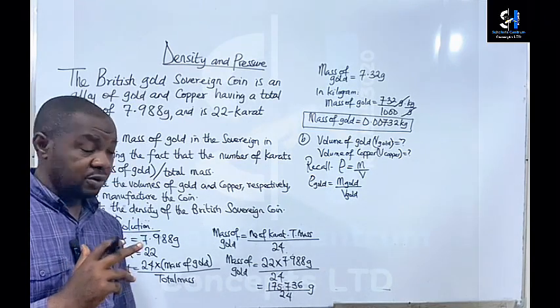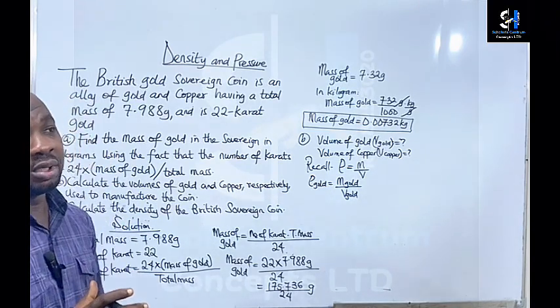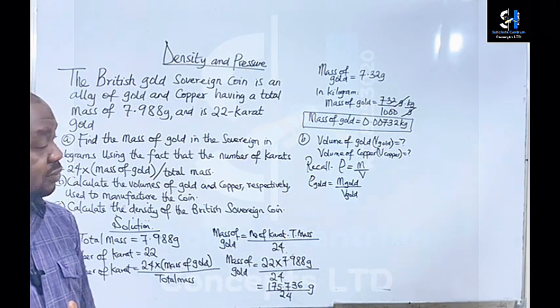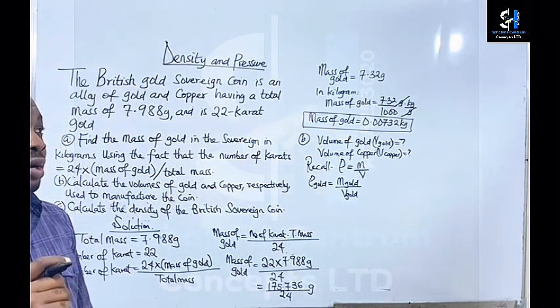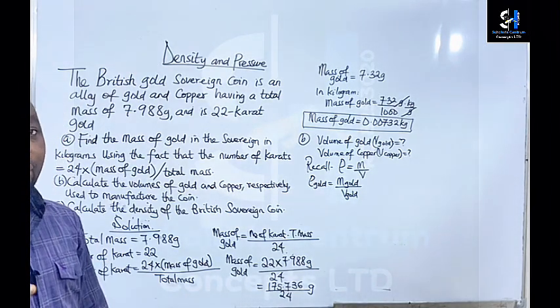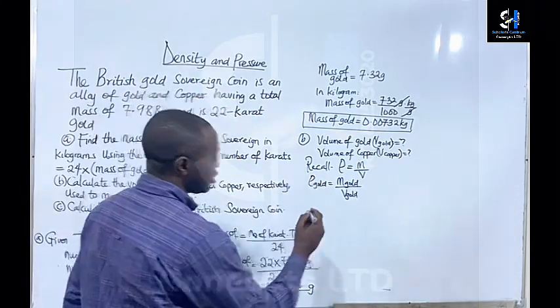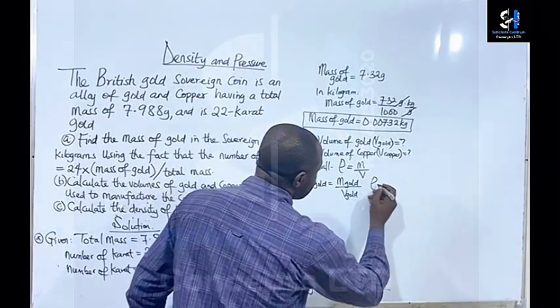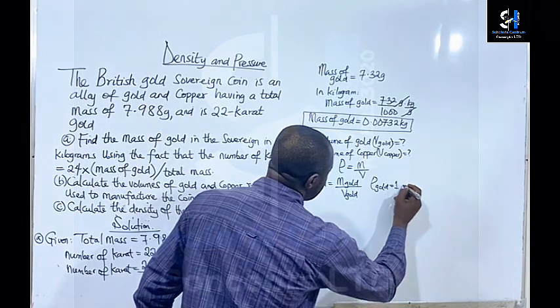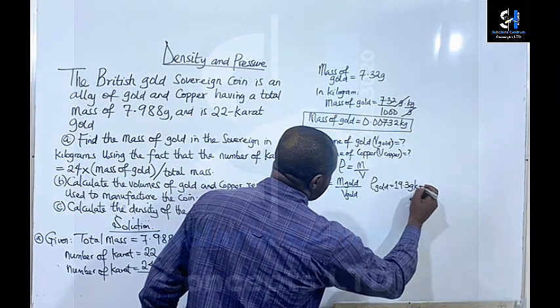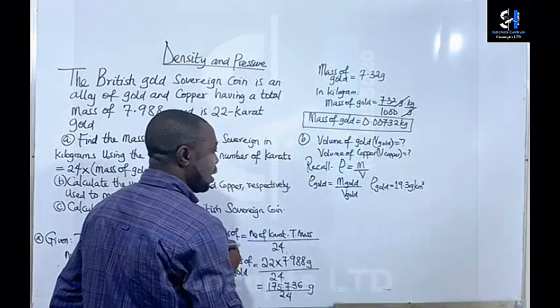We are not given the density of gold. The density of gold in grams per cubic centimeter is 19.3 grams per cubic centimeter.